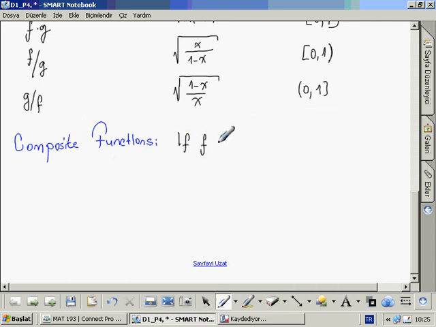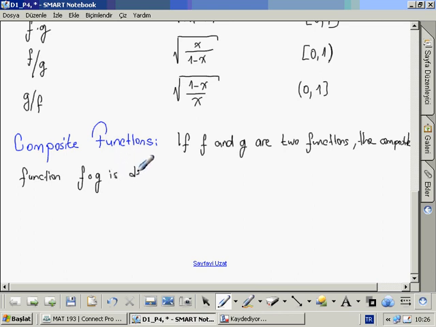If f and g are two functions, the composite function f composite g is defined by f composite g of x equals f of g of x.